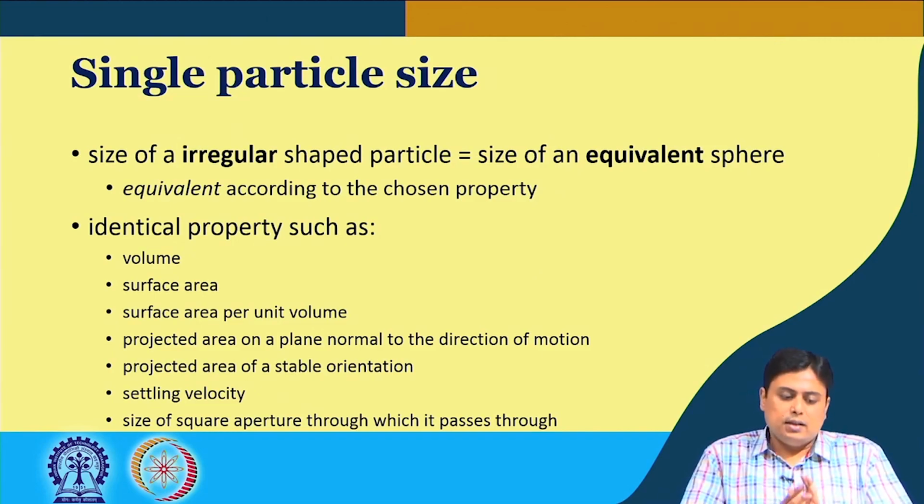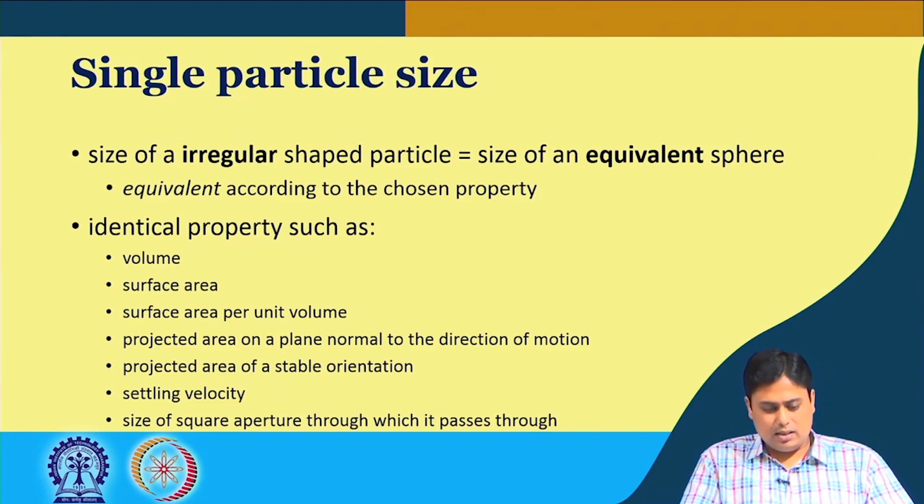Now, this is not an exhaustive list, there can be several other possibilities of finding a size dimension of irregular shaped particles. These are a few representative ones, and sometimes these are the most used ones. Out of these, very commonly used is the equivalent volume spherical diameter for the irregular shaped particle.